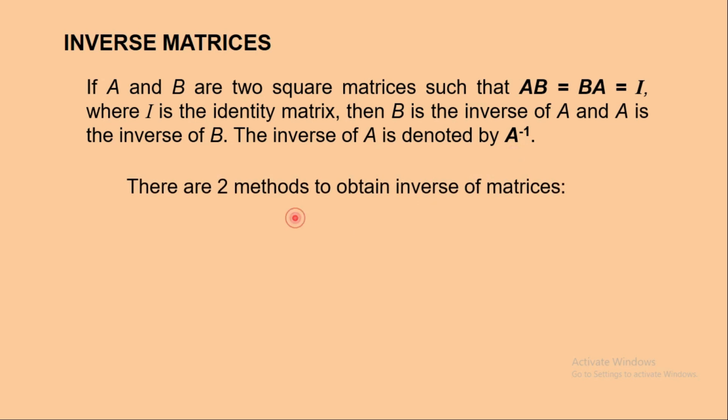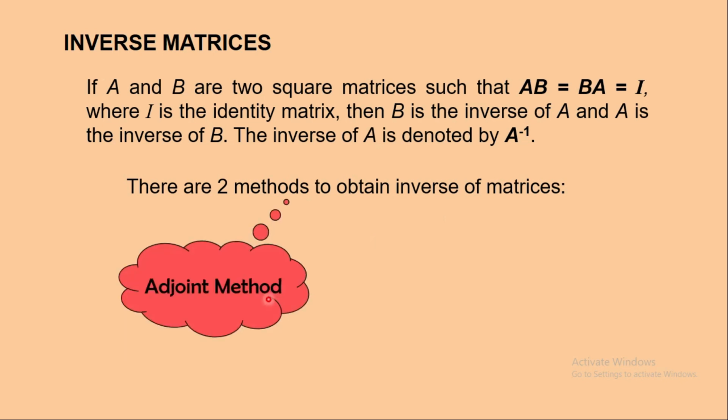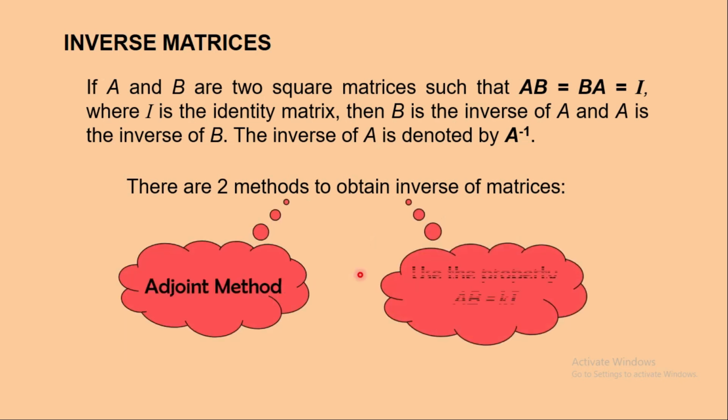There are two methods to obtain the inverse of matrices. First, by using the adjoint method, and second, by using the property of AB equals kI.